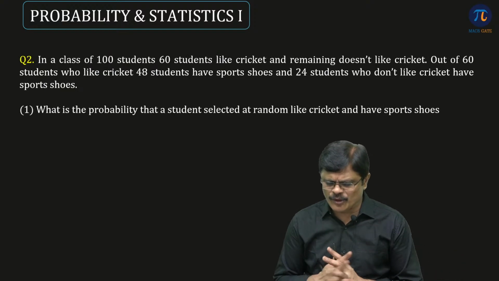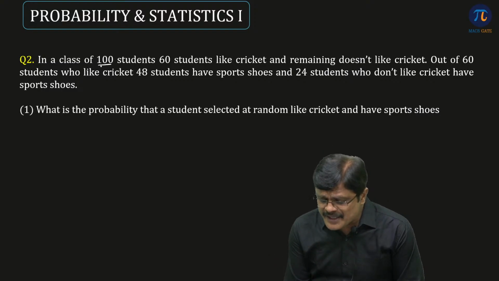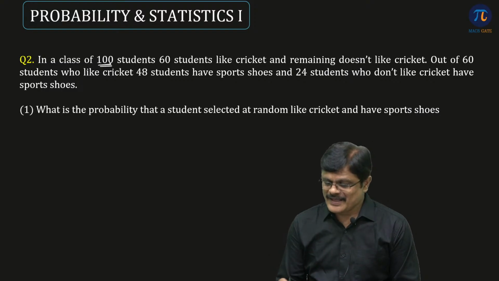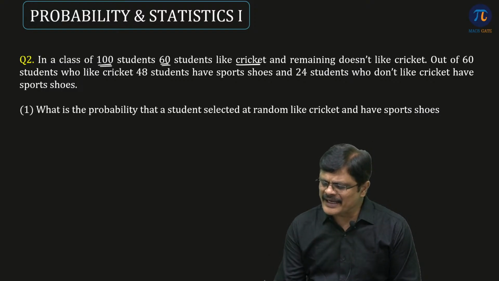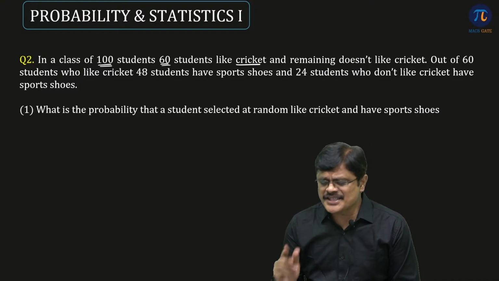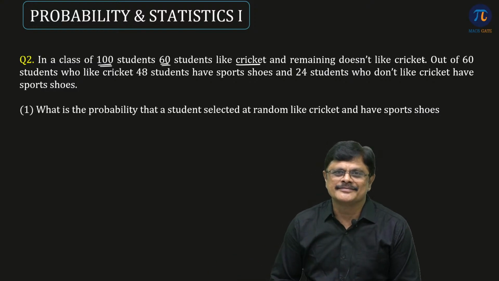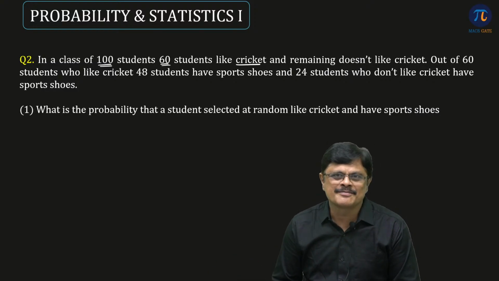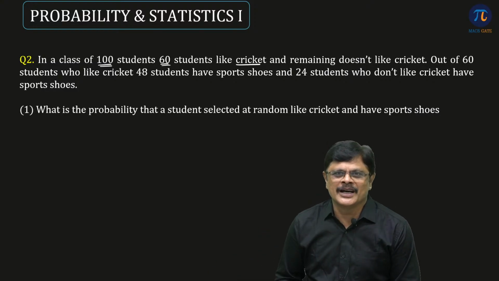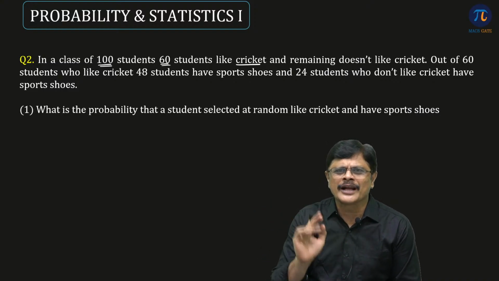Now, let me take one more question. In a class of 100 students, 60 students like cricket. So, class, there are 100 students, 60 students like cricket and the remaining do not like cricket. Whatever may be the reason, they don't like cricket.